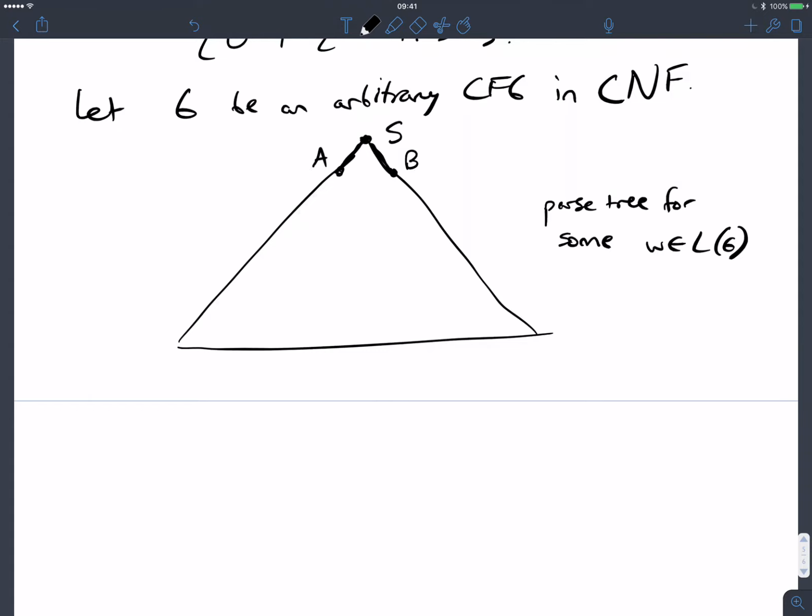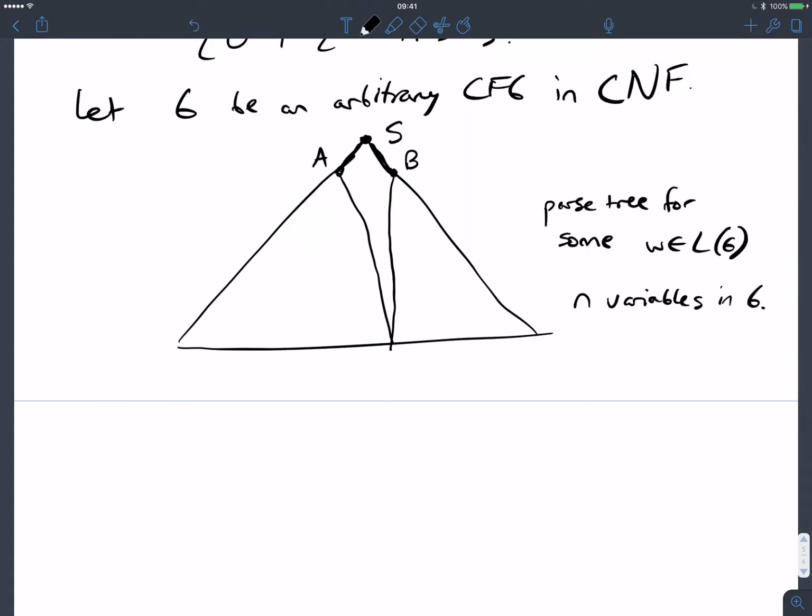No. So A must make something of the tree, and B must make something else. It has to make the rest. Okay? Let's say that there are n variables in G.